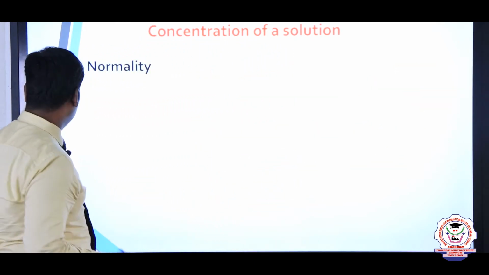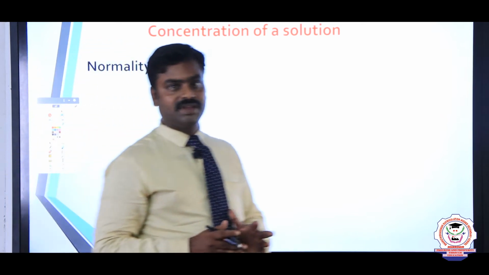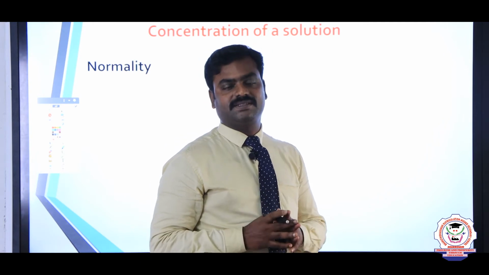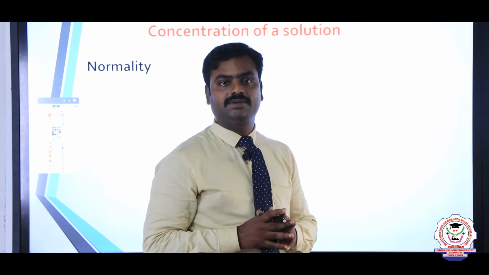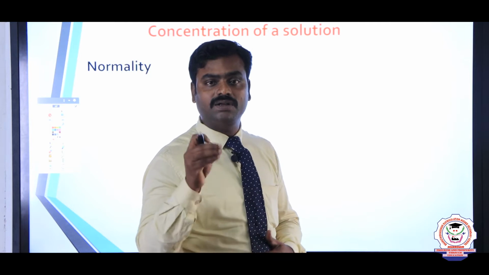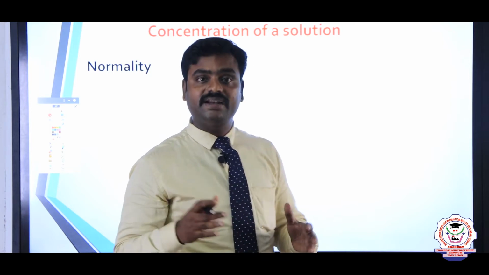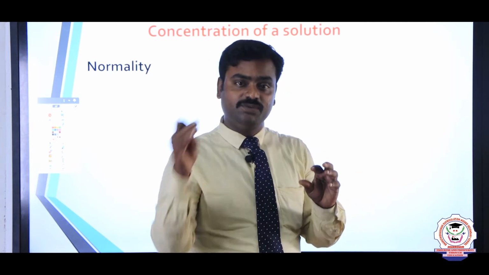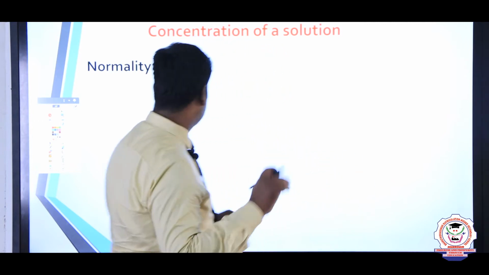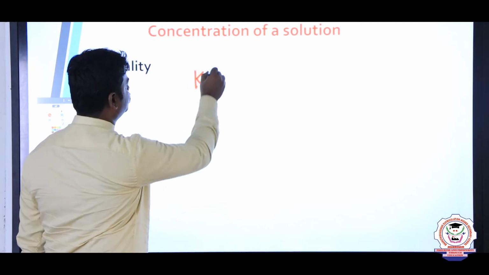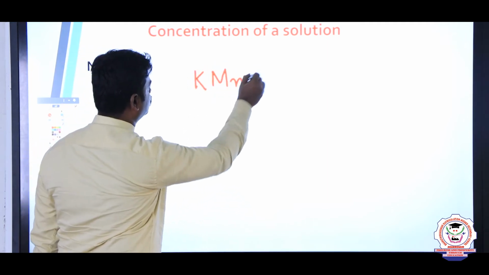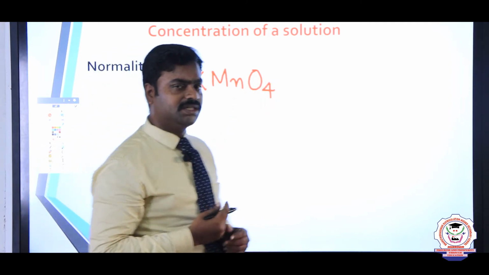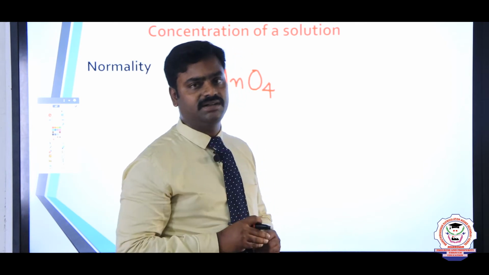Now I will give you an example for a neutral substance, KMnO4. For these kinds of substances, how do we calculate the n factor? We have to find the equation involved in the reaction. We all know how to find the oxidation number of an element in a compound.